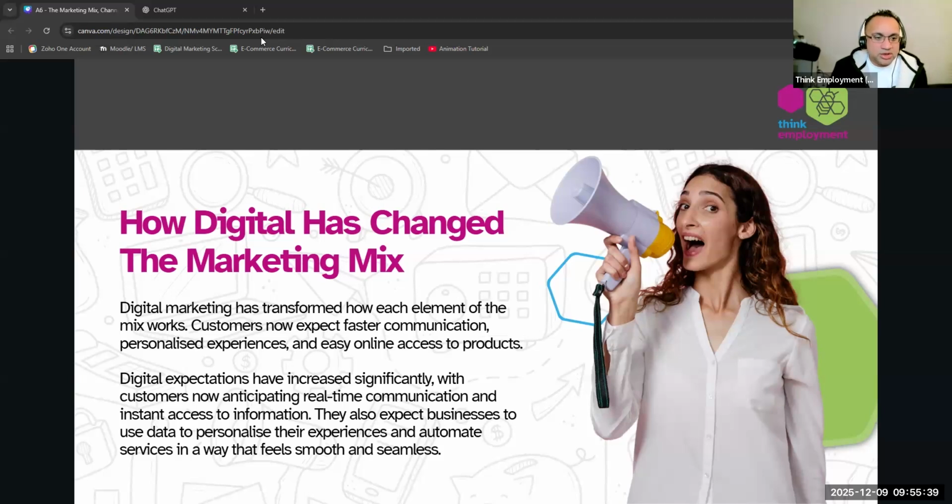So digital expectations have increased significantly. Customers now anticipate real-time communication and instant access to information. They also expect businesses to use data to personalize their experiences and automate services in a way that feels smooth and seamless. So digital products and online services have become the norm now, and customer expectations are very high.